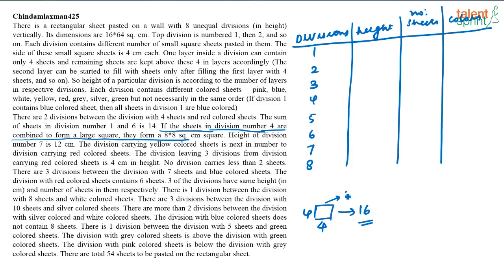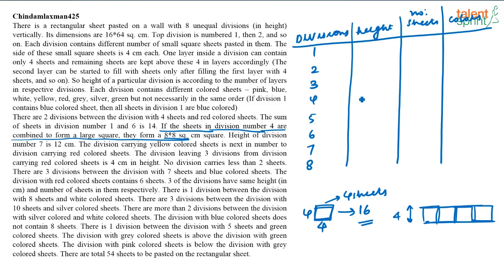So I will need 4 sheets whose area is 16, together, so that I can form this 8 by 8 square. Basically, what have we done in division number 4? In division number 4 you have 4 sheets. So 4 sheets will form how many layers? It will form only 1 layer.